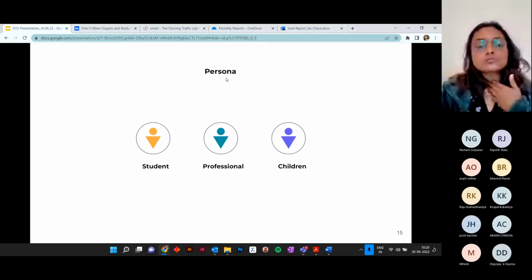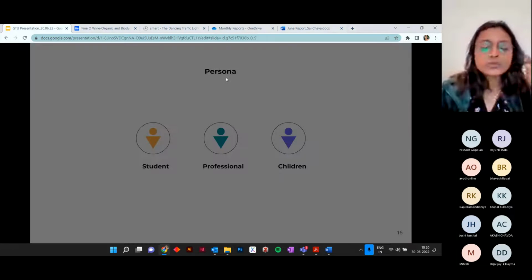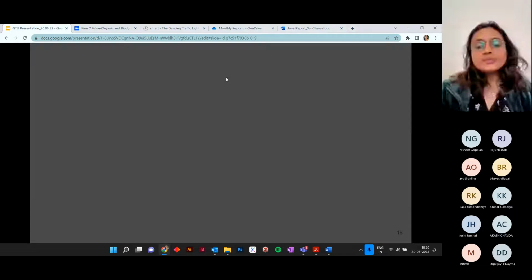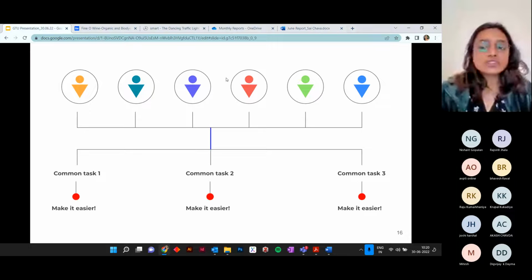So you have to make sure when you're doing a user journey, if you remember, when I broke down the tasks, you have to consider the student task breakdown, the professional working task breakdown, and the children's task breakdown. Then you will see that there are some common tasks, common problems that we all have.